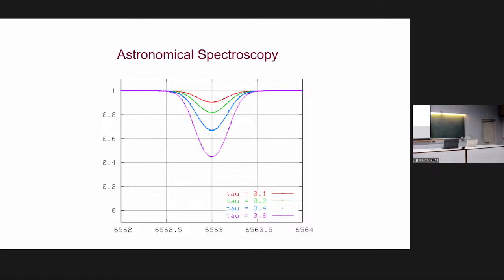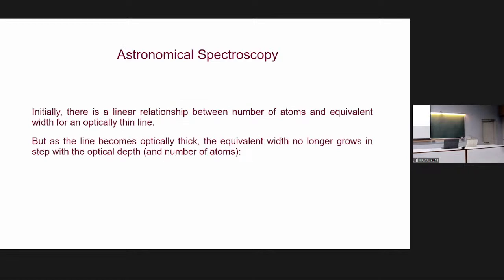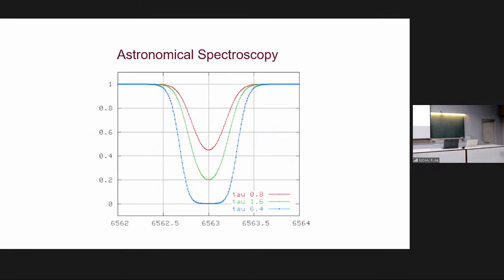The blue one will be half of the pink, purple one. So basically the equivalent width is following a linear relationship, but this happens only in case of optically thin lines. There is a linear relationship between number of atoms and equivalent width for optically thin lines. But when we start having optically thick lines, when the optical depth is approximately 5 or higher, we call that optically thick environment.